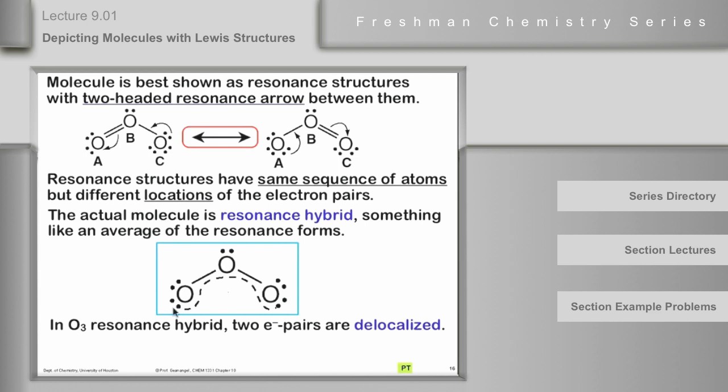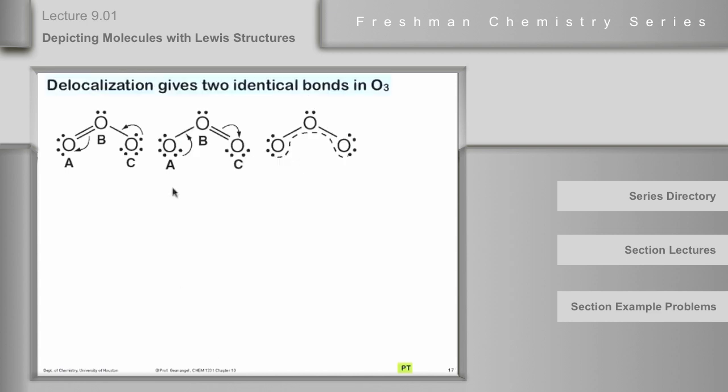All right, so in the ozone resonance hybrid, two pairs of electrons are delocalized. One has to do with it spending some of its time as a lone pair here and a lone pair here, and the other one is a pair of electrons whose existence is spread out between these two bonds.